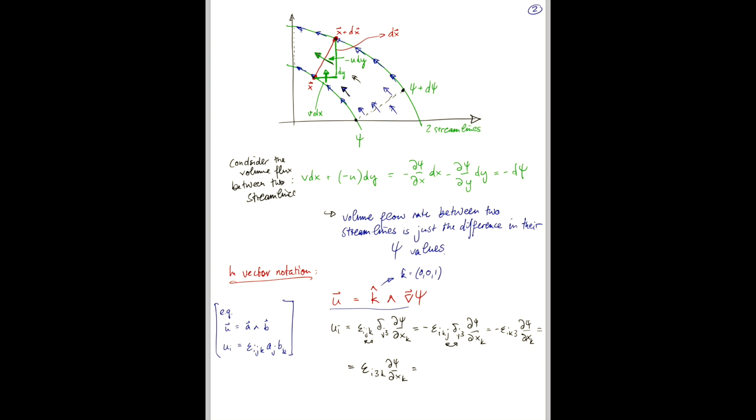And that only has two non-zero components, namely when k is 2 and when k is 1, because epsilon is 0 when k is 3. So now we have epsilon i3 1 d psi dx1 plus epsilon i3 2 d psi dx2.